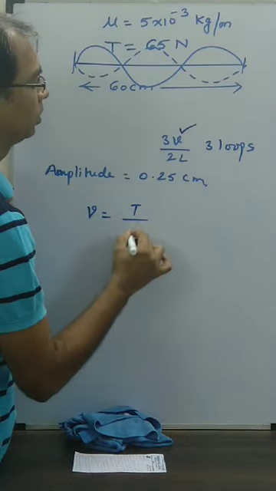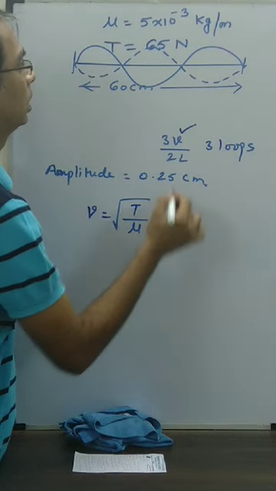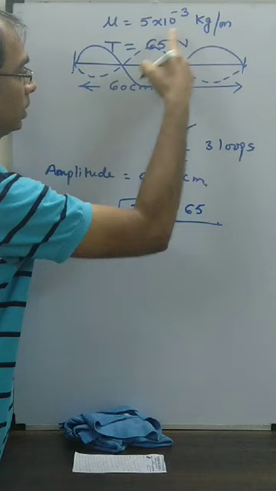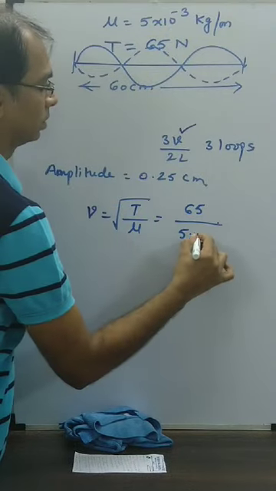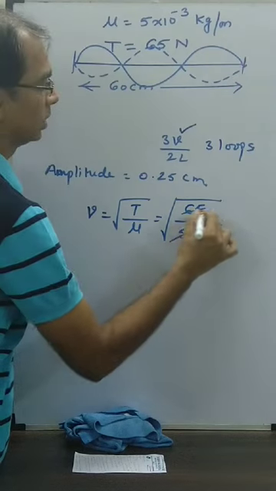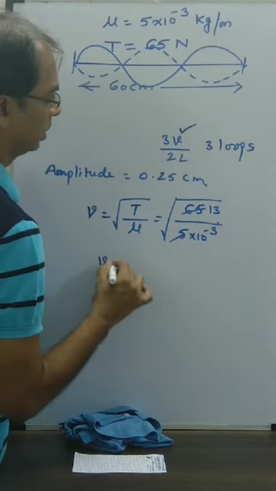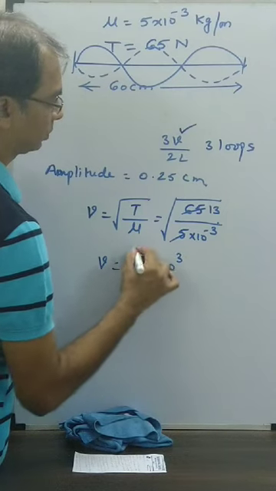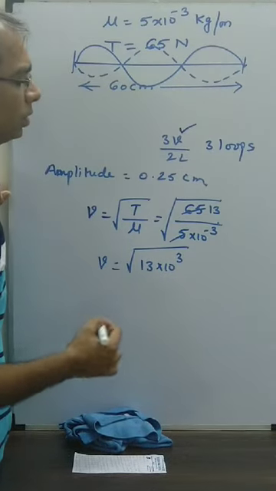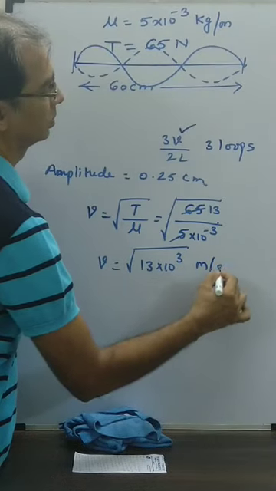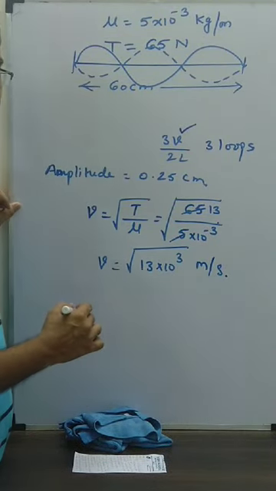Velocity is root over T by mu. T is given to us, 65. Mu is given to us. Okay, this is 13. So v is 13 into 10 to the power 3 or 1.3 into 10 to the power 4 meter per second. We got this.